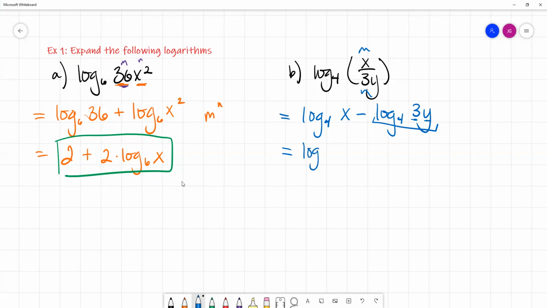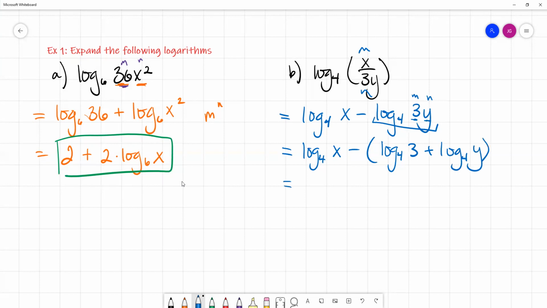So log base 4 of x, that one just carries down, minus parentheses here. Log base 4 of 3, we can treat that as our m, and then y as our n. So log base 4 of 3 plus log base 4 of y.